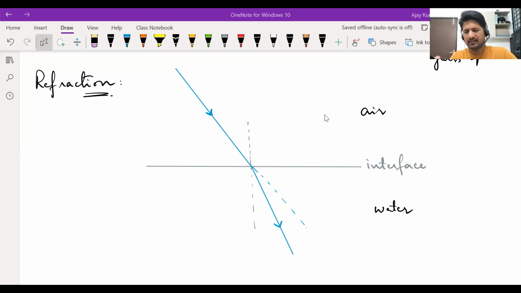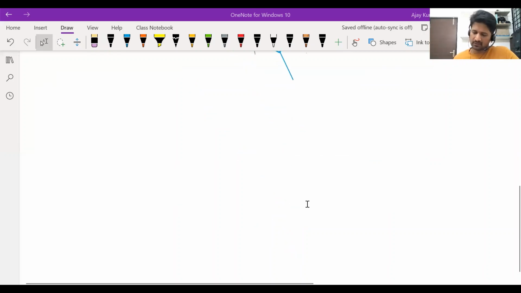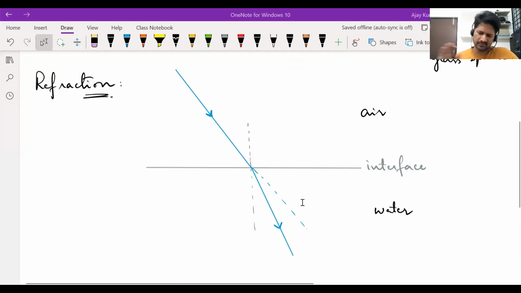Not just light, this is true for any kind of wave in general. When the medium changes, the properties change, so the speed will change, and that is the reason why the ray bends. The change in speed is the reason for bending of light when it travels from one medium to another. In proper detail, we'll derive this in the next chapter itself. Using Huygens' wave theory, we can prove all this.